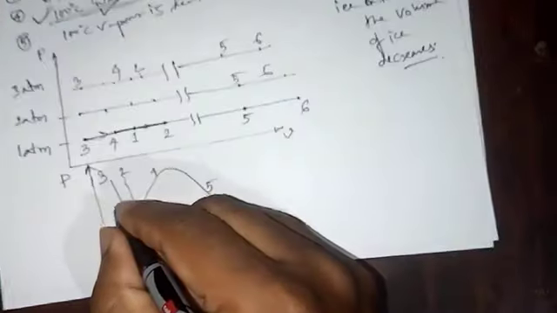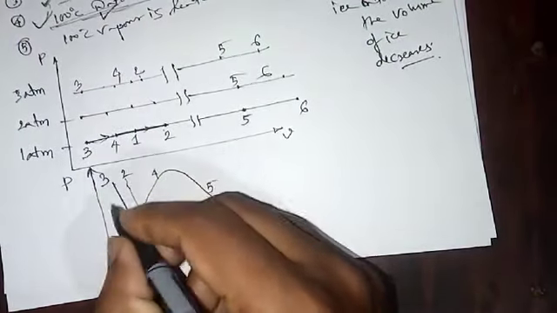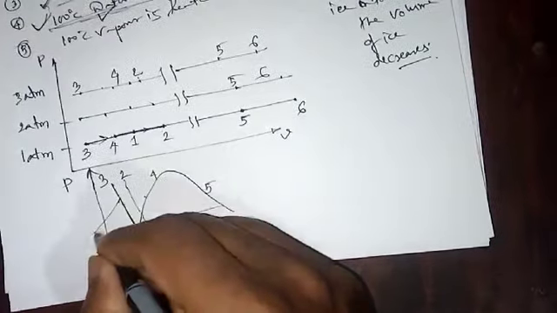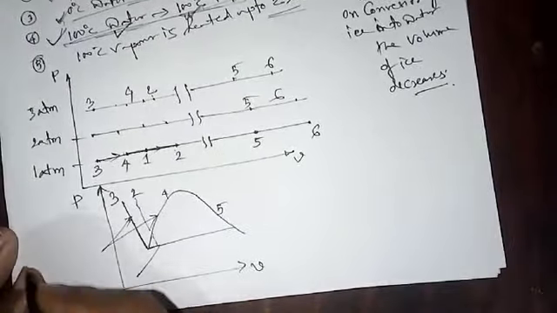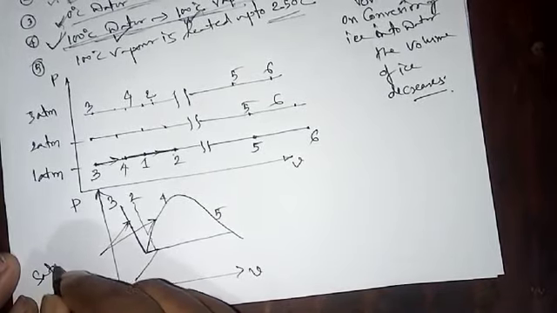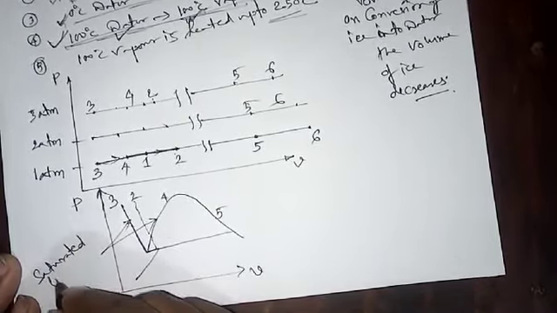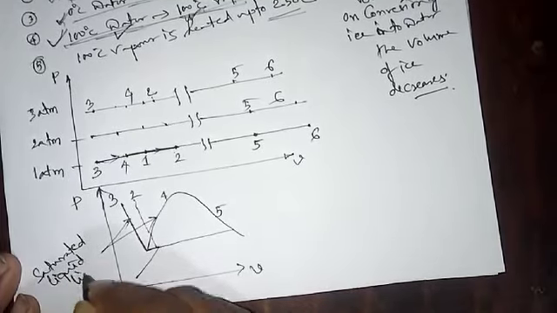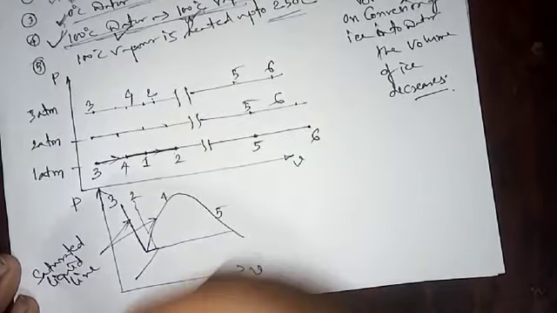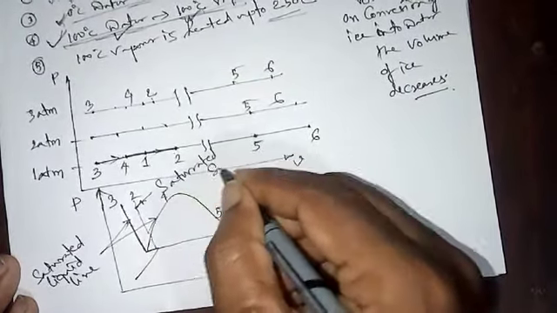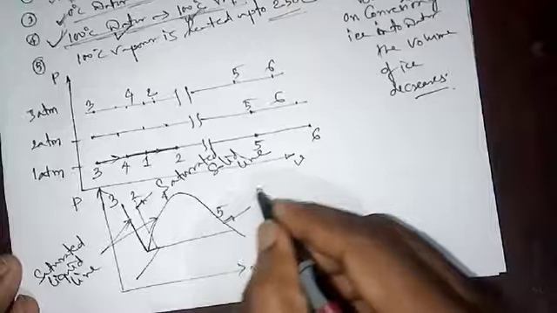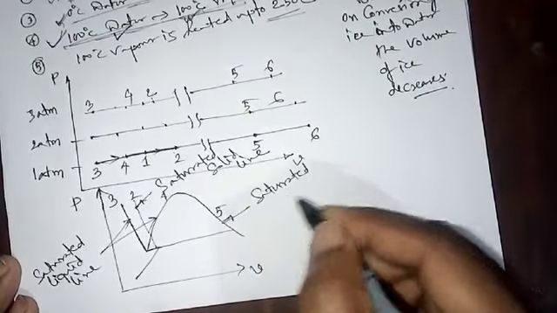Here curve 3 and curve 4 are saturated liquid line. Curve 2 is saturated solid line, and curve 4 is saturated vapor line.